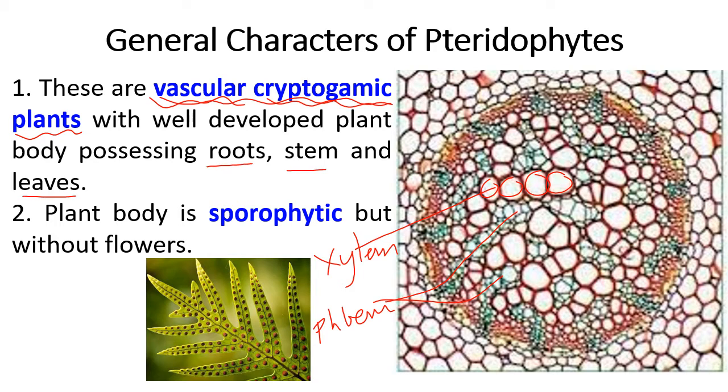The second general character is the plant body is sporophytic. Why is this word sporophytic used? Because it bears spores, and this spore bearing phase is dominant in the life cycle, so that this is called a sporophytic.